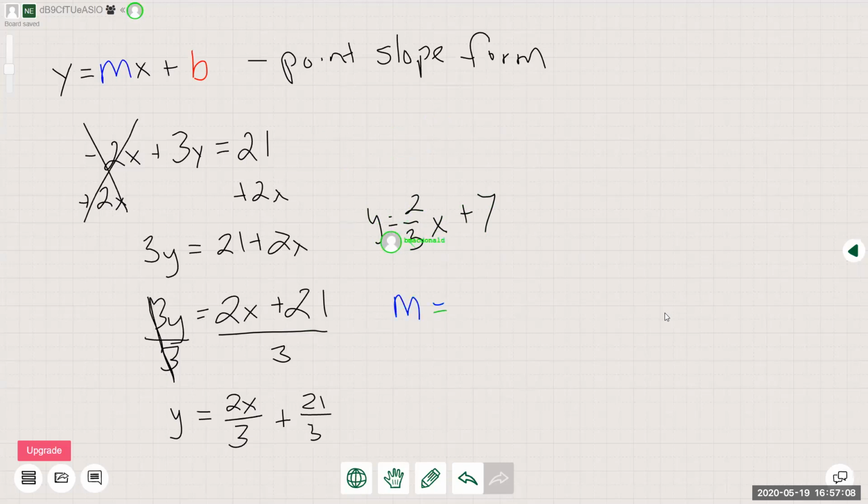So slope is 2/3, and our y-intercept is 7. So that means at 0, 7, our line will cross the y-axis. So we can graph 0, 7, and from there we would go up 2 and 3 to the right. And that would give us our next point so that we could graph our line.